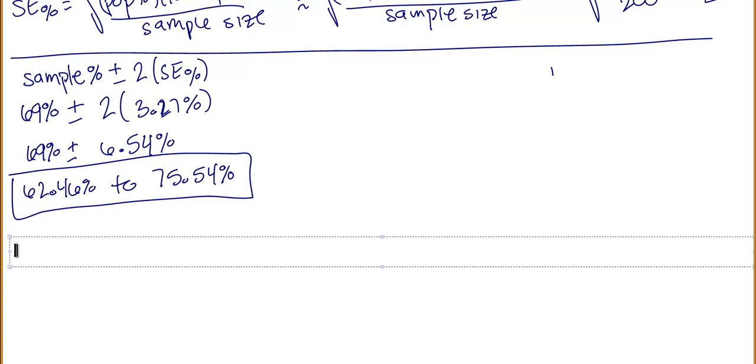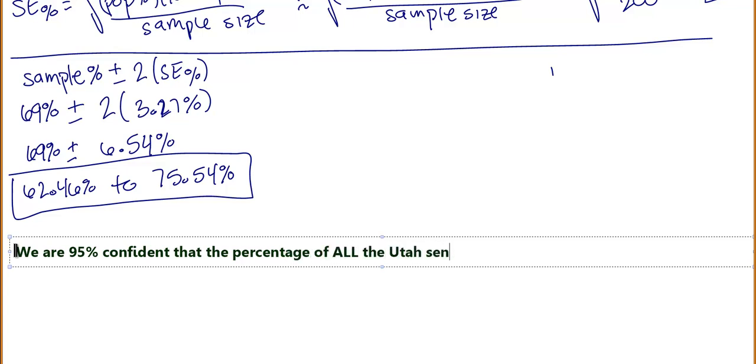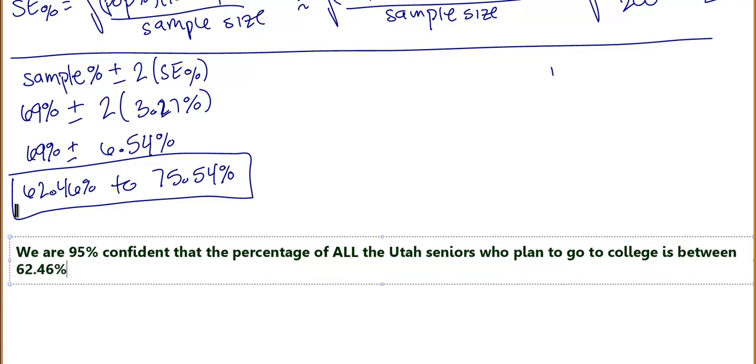And of course, what does this mean? Write it in context of the problem. So we are 95% confident that the percentage of all the Utah seniors who plan to go to college is between 62.46% and 75.54%.